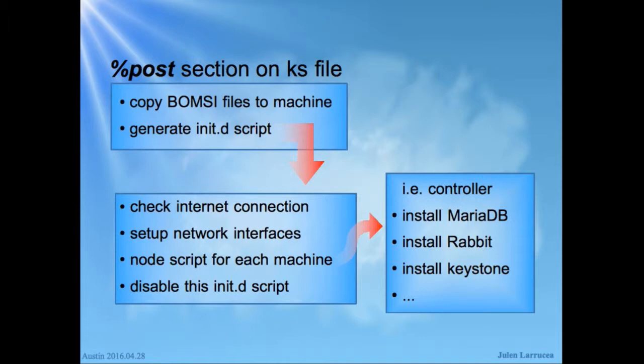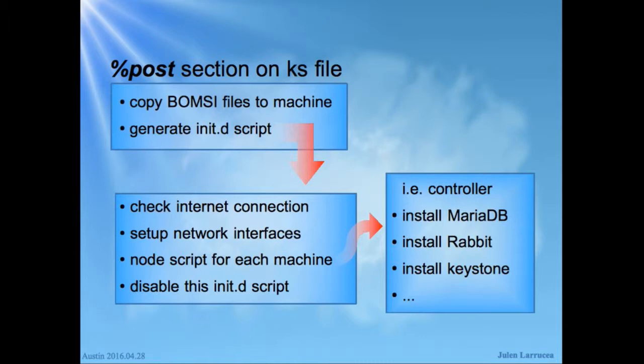This init script contains the following steps. First of all, it will check for internet connectivity in case we are not using a local repository. It will set up network as instructed in the official install guide, so management network and external network. And it will execute the node script. The node script is basically a scripted version of the official install guide, step by step.